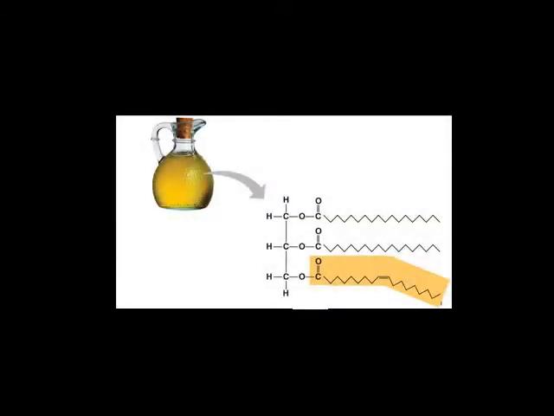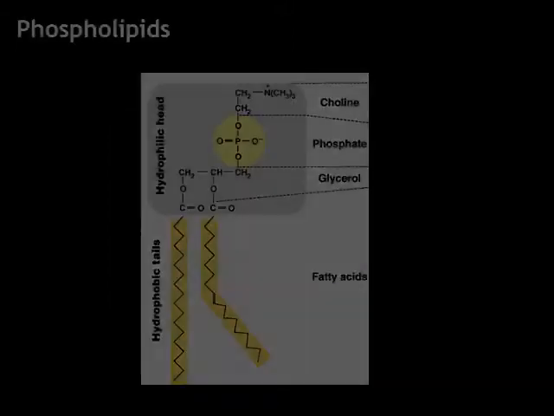If the fatty acids are unsaturated, as shown here, that means there's at least one double bond between the carbon atoms, then the fat is said to be unsaturated, and it will be liquid at room temperature. We call these fats oils. Think about olive oil or fish oils. Fats and oils are used primarily for energy storage, but also for thermal insulation and mechanical protection of various organs.